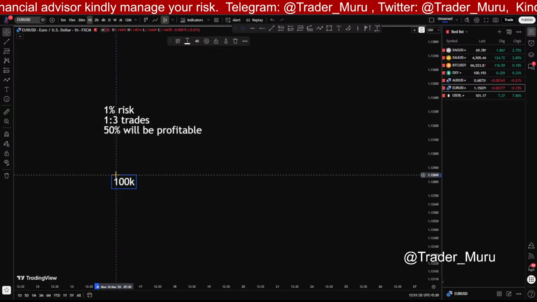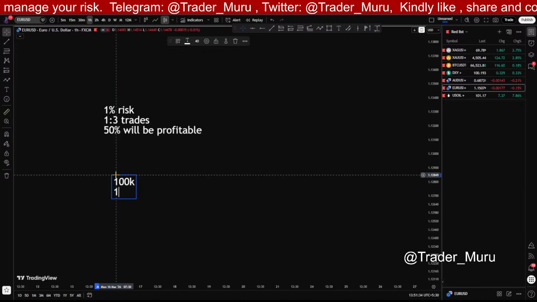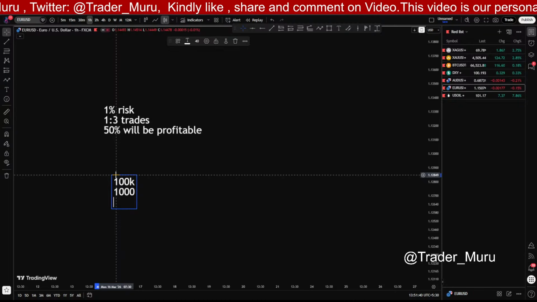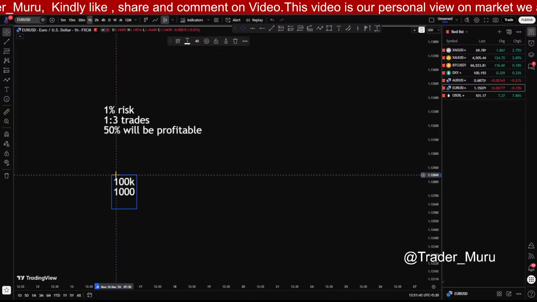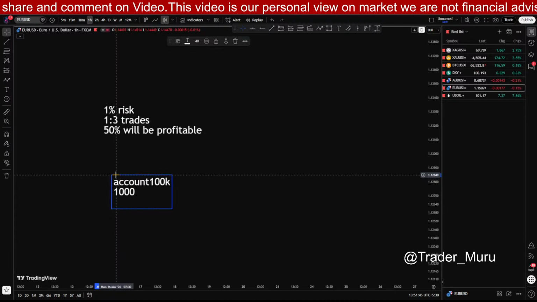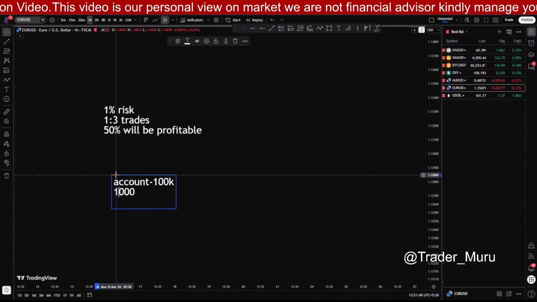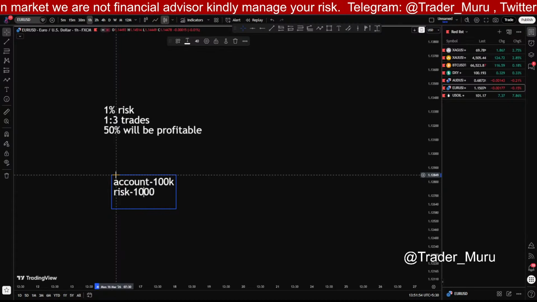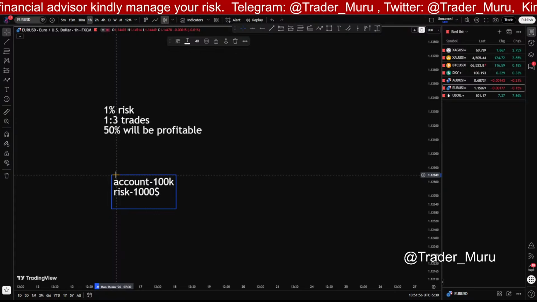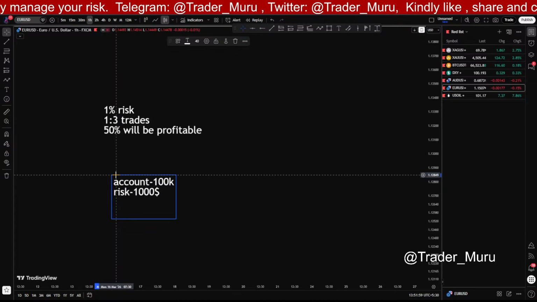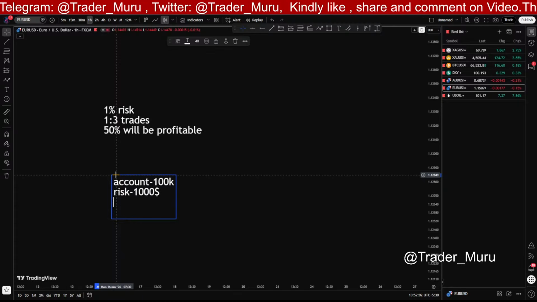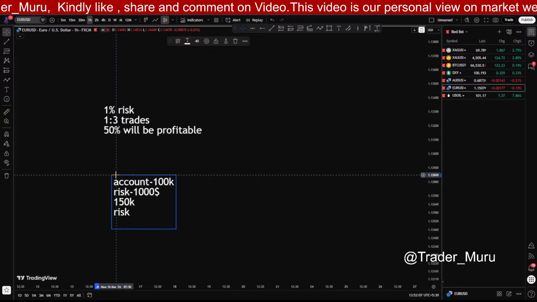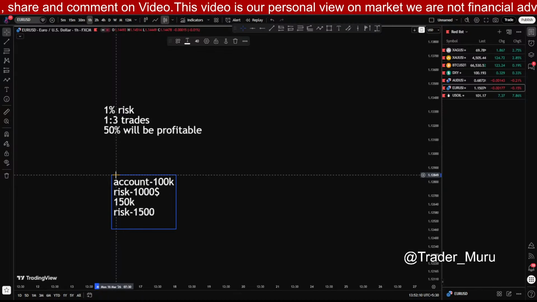If you have a 100K account and you are taking $1,000 as a risk on every trade, and your account grows to 150K after the profit, you should now be risking $1,500.